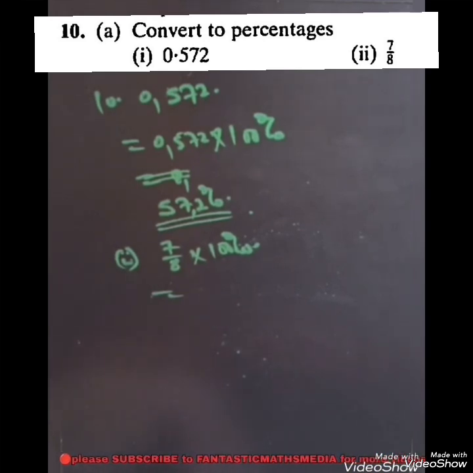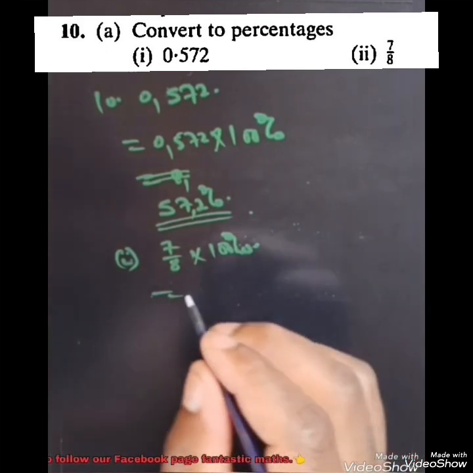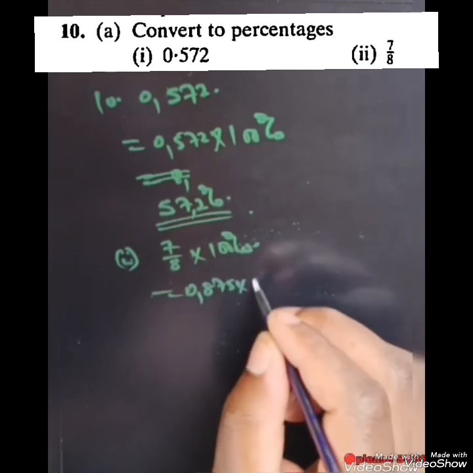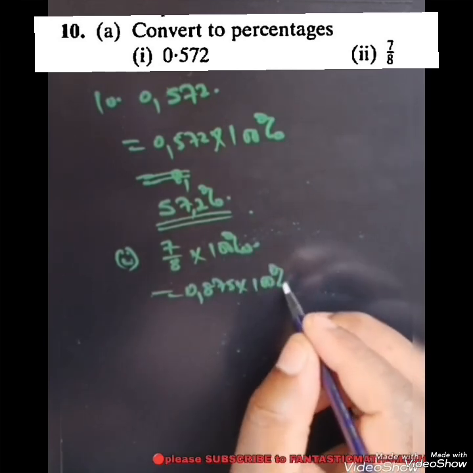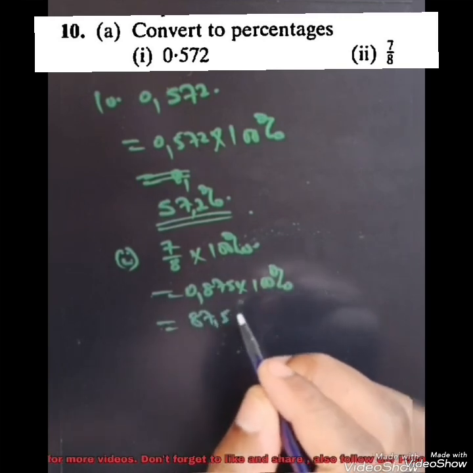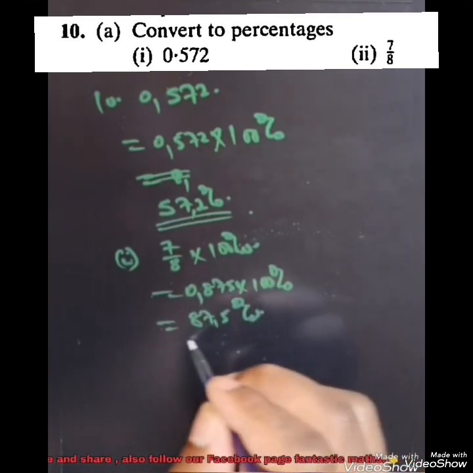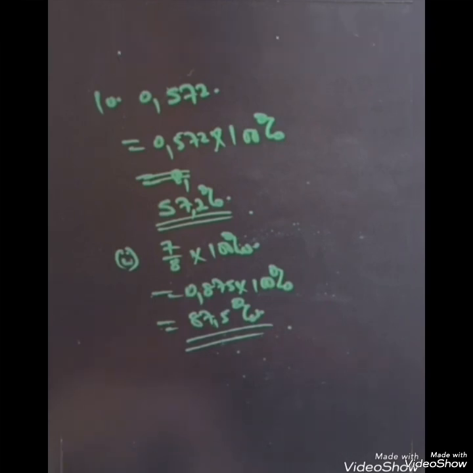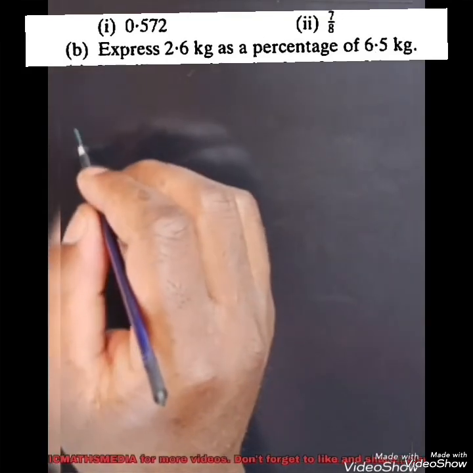You can use a calculator so that we find the percentage value. 0.875 times 100% is 87.5%. Let's move on to the next question.